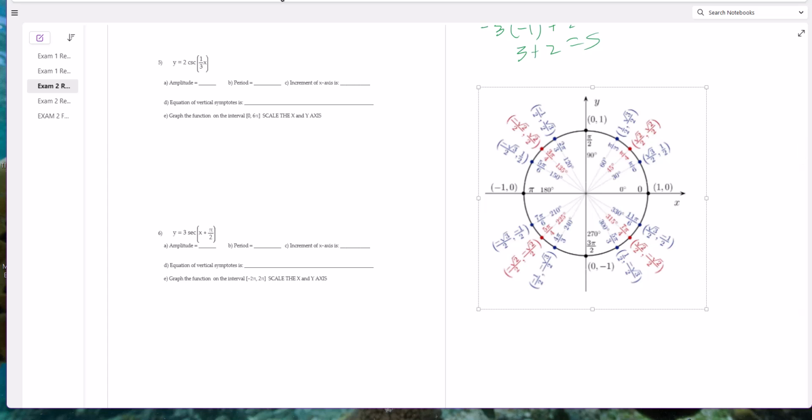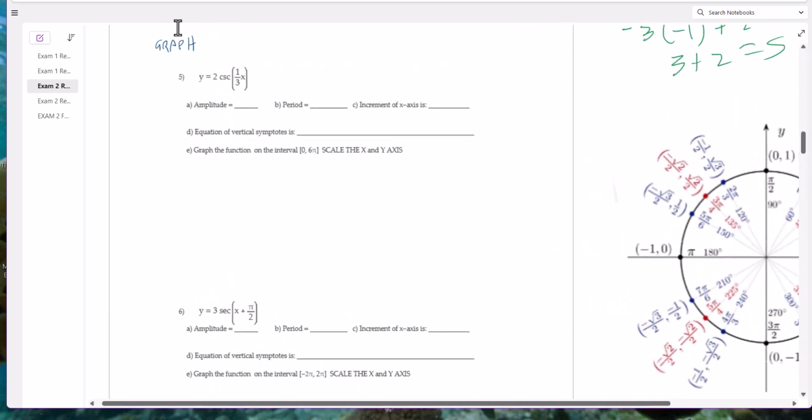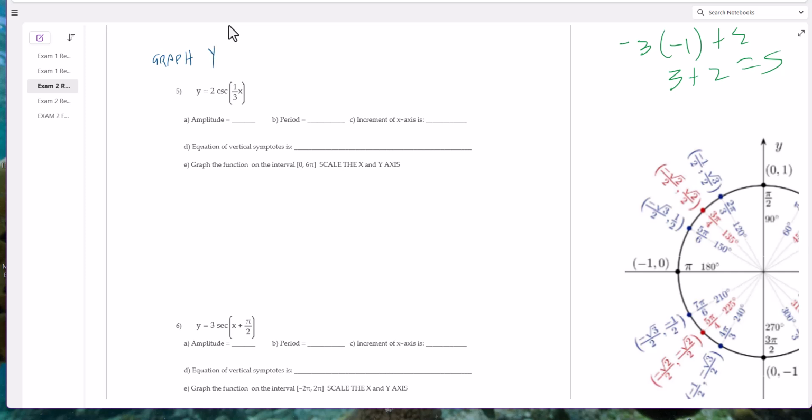Ultimately, what you want to do is you want to totally focus on graphing y equals 2 sine 1/3 x. So the nice thing about doing a cosecant and a secant is you just have to be able to graph the sine and cosine. Okay, when you do the next problem, number 6, you want to graph y equals 3 cosine x plus pi over 2.